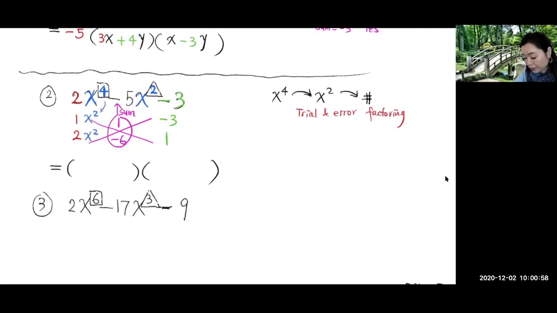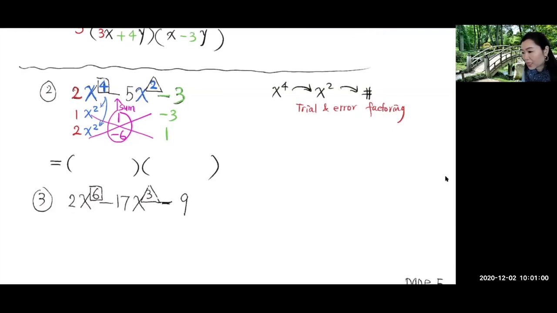So when you read that, don't forget to put the x squared back. The first factor will be x squared minus 3. And then the next one here will be 2x squared plus 1. And then that's it, right?